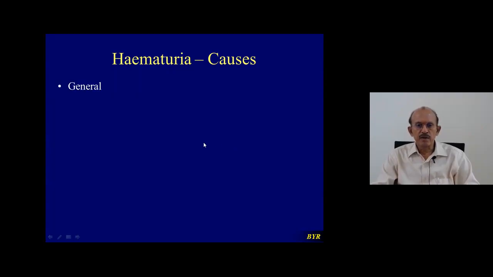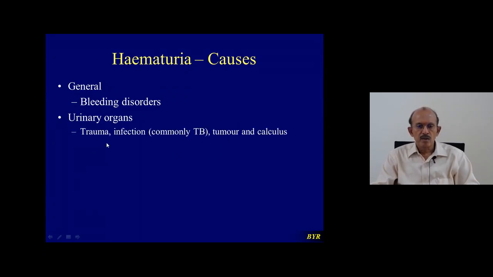Causes of hematuria: general bleeding disorders. In any bleeding condition, whether bleeding per rectum, hematemesis, epistaxis, or hematuria, you must first consider bleeding disorders. Then urinary organs: trauma, infection, commonly tuberculosis, tumor, and calculus.